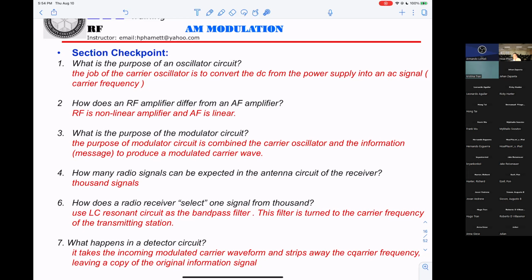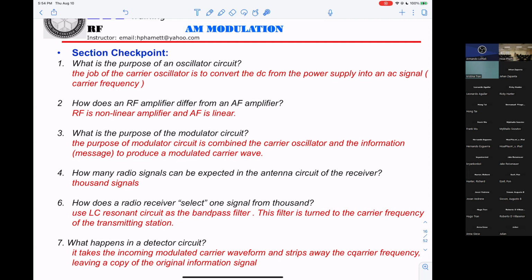On that amplifier, if you want to change the gain, you must change the value of the resistor. Okay? However, RF is a non-linear amplifier. That means you don't have to change anything. Automatically, it gives you the gain. That is the difference between RF and AF amplifier.